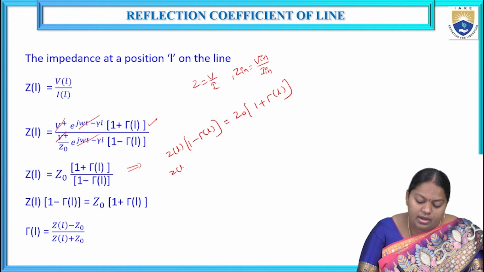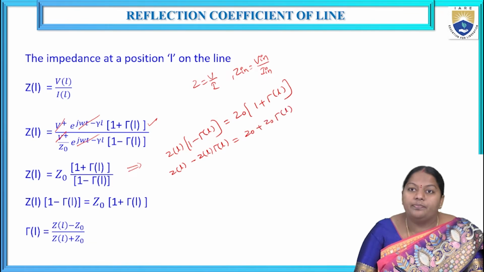So Z of L minus Z of L into gamma of L equals Z naught plus Z naught into gamma of L. Now we can separate gamma terms and the other terms separately.